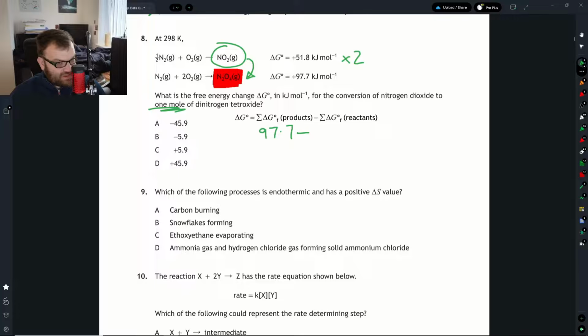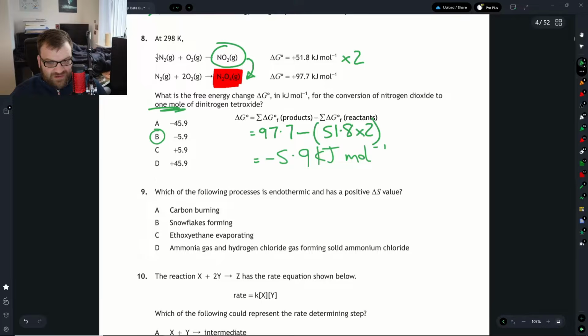We can use Hess's law, we can combine the equations, which I will do in a second, but that would lead me to believe we're going to use 51.8 and we're going to times that by 2. The negative here is taking into account that we're reversing this reaction, and this should give us an answer of minus 5.9 kilojoules per mole. Answer B.